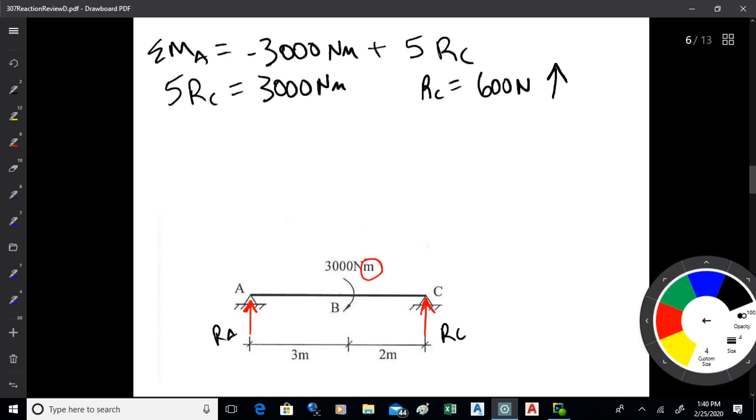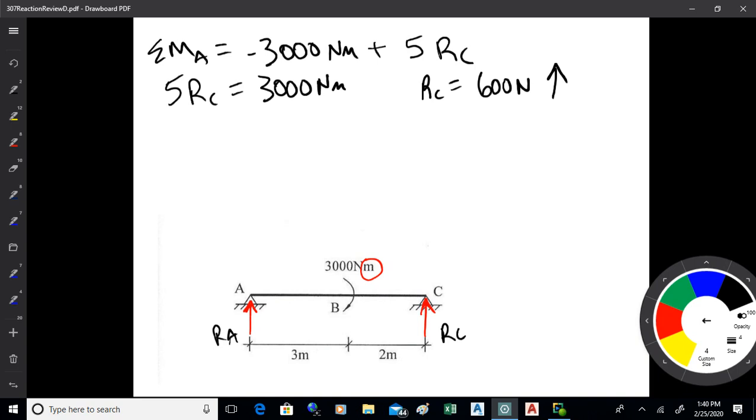All right, so if that's 600 newtons, what's the reaction at A then? Yeah, the way to get that, the simplest way, once you got one force, is do a force equation.